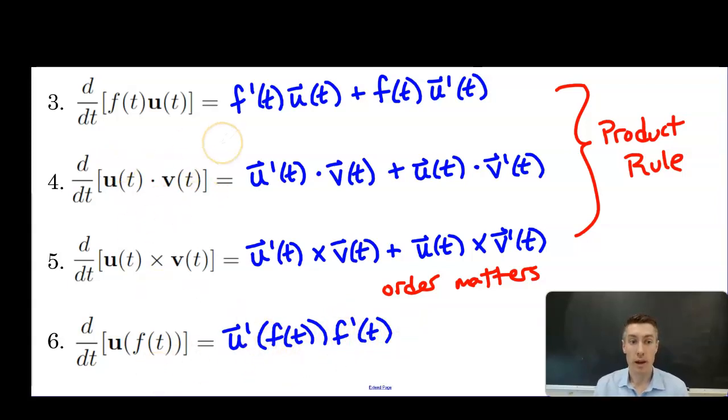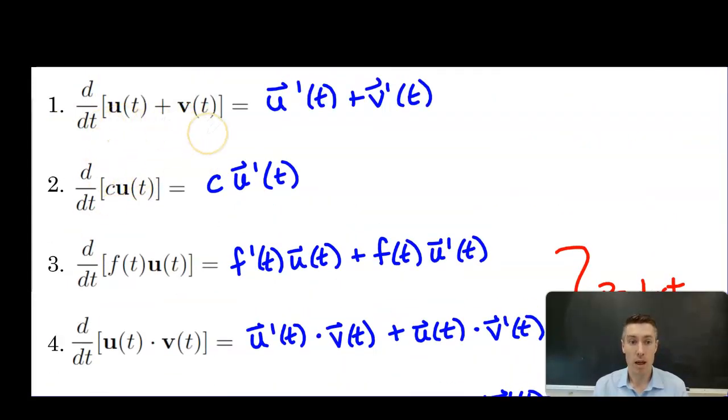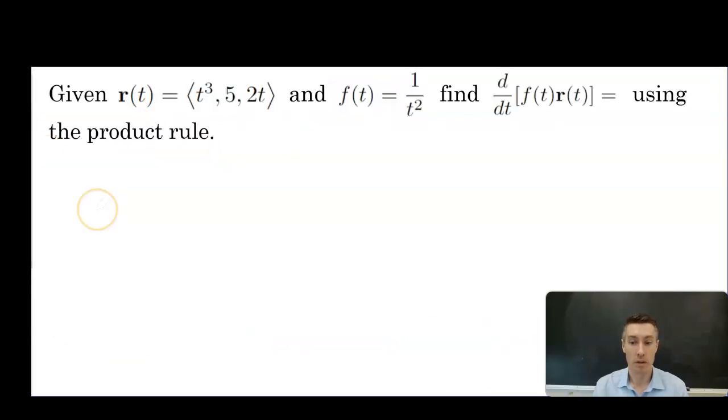Okay, so there are the differentiation rules, just applied to vector functions, or written out with vector functions now. The nice part is they're the same. We still have a product rule, we still have a chain rule, we multiply by a scalar, or we have vector addition, we're able to differentiate without much issue.